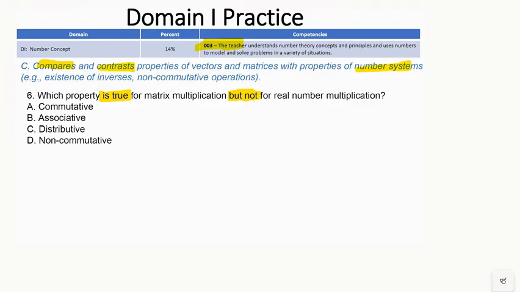True for matrix and not for real multiplication. Let's focus on the word not. Look at the choices before I discuss it, because on the test, you will analyze the problem. Look at the choices. Which do you think is the answer, by just those 2 highlighted words?